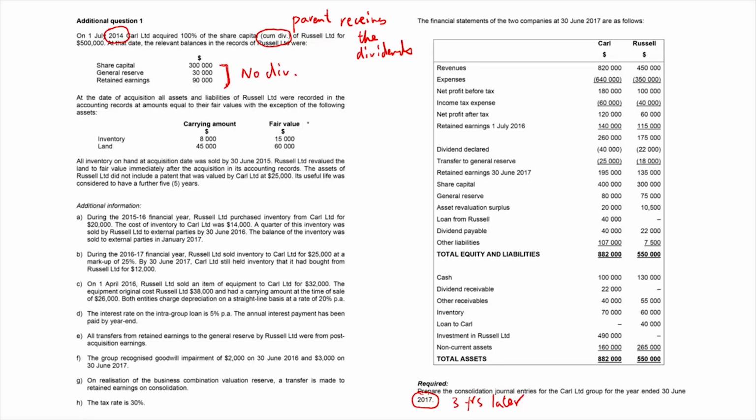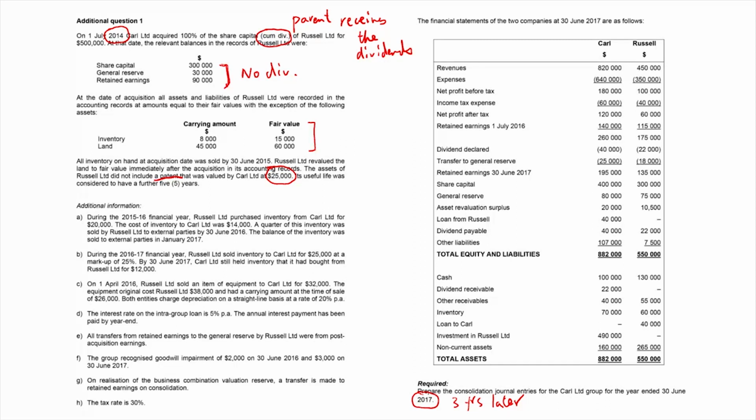Right here, we got the adjustment for inventory as well as land. And you also need to look a little bit further to see whether there are any other assets and liabilities that they want you to revalue. As you can see, in this paragraph we also got a patent. The fair value was $25,000. And you also need to include that in your acquisition analysis.